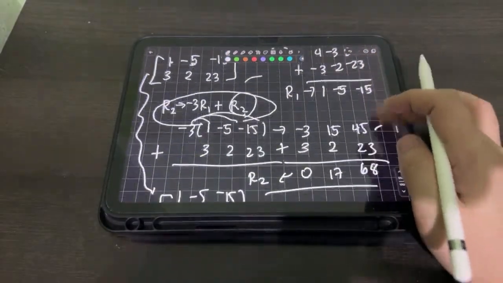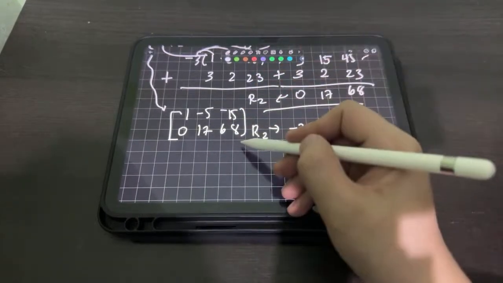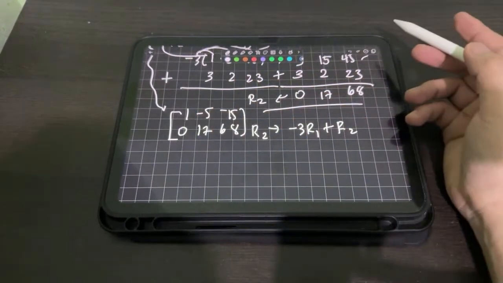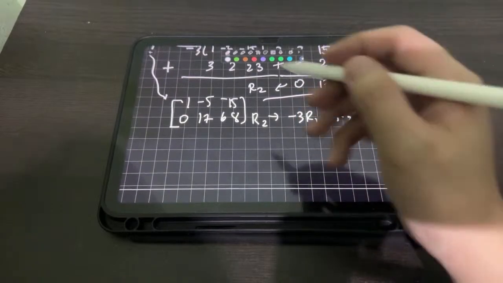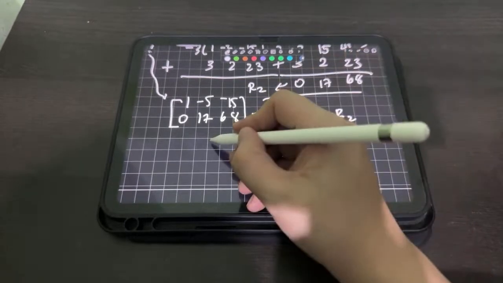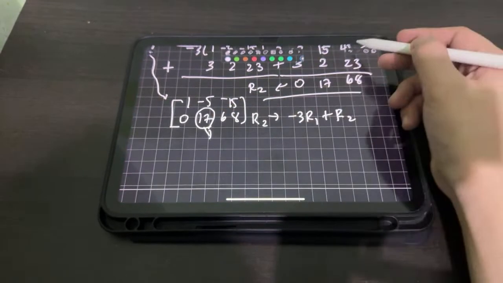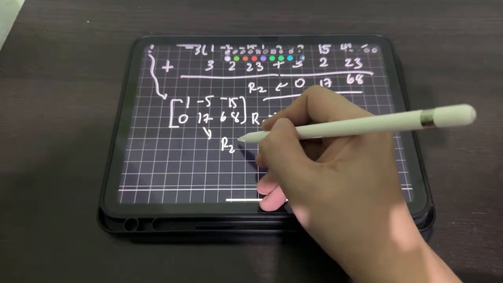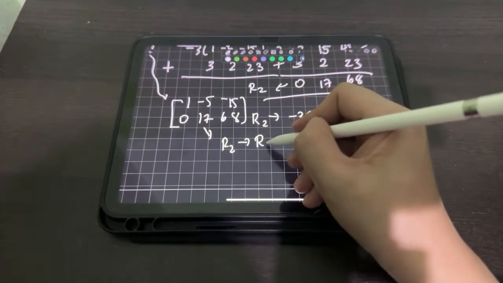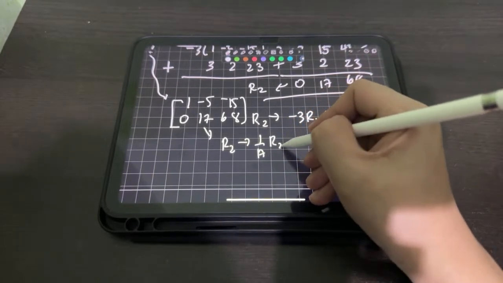We can do that by simply dividing row 2 by 17. So we multiply row 2 by 1 over 17.